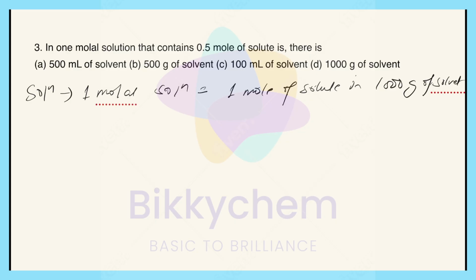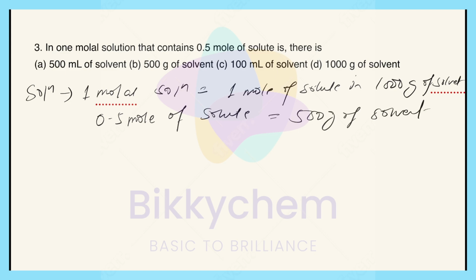That means if I consider 0.5 mole of solute, it will be 500 gram of solvent. So it is option B.